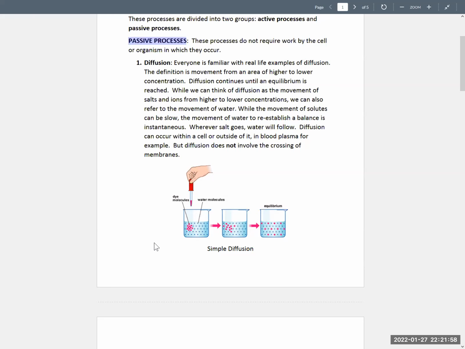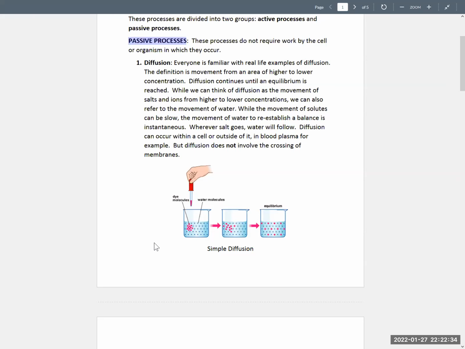In the example at the bottom of the page, where it says simple diffusion and has 3 beakers, they start with the beaker of water and drop some dye into it. Now, immediately the concentration of water is higher where the water was, but the concentration of the dye is higher where it was dropped in. Higher concentration moves to lower concentration, so the dye spreads out.